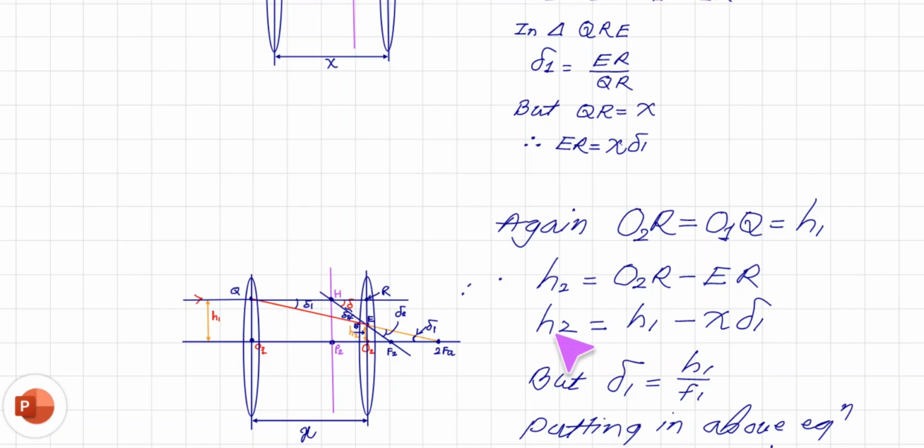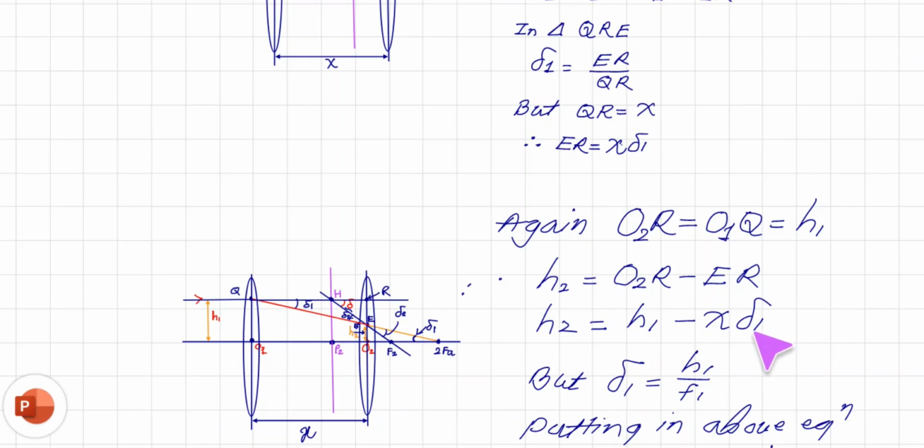So H2 is equal to H1 minus ER, and we already saw ER is equal to x delta 1.